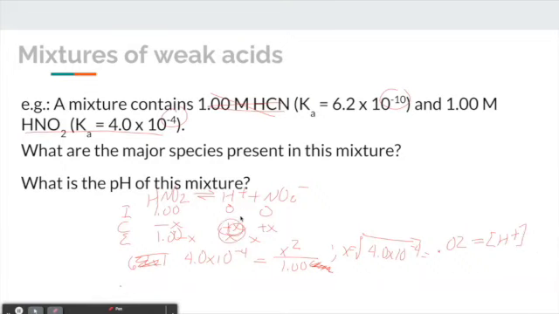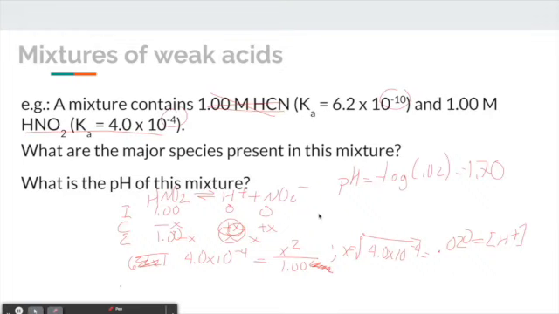So pH is the negative base 10 logarithm of 0.02, and that works out to 1.02. This was supposed to have two significant figures, so it's legitimate to keep those two. So that's the pH of this mixture.